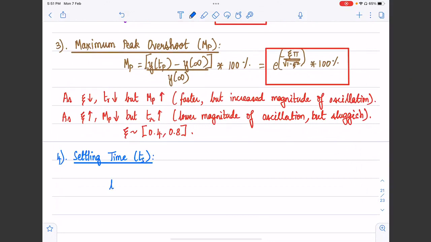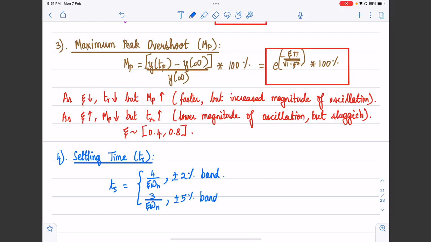And once again, I leave it as an exercise for you to do, for underdamped second order systems under study, it is 4 divided by zeta omega n if we consider the plus or minus 2% band. It is 3 by zeta omega n if we consider the plus or minus 5%.